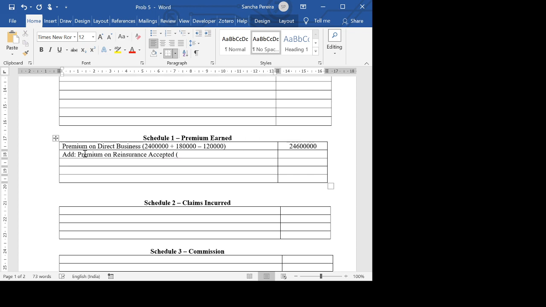Again, I'm going to do the same calculation. 3,60,000 is the actual premium on reinsurance accepted received during the year. 21,000 is outstanding at the beginning and 28,000 is outstanding at the end. If I put this together, I get 3,67,000.